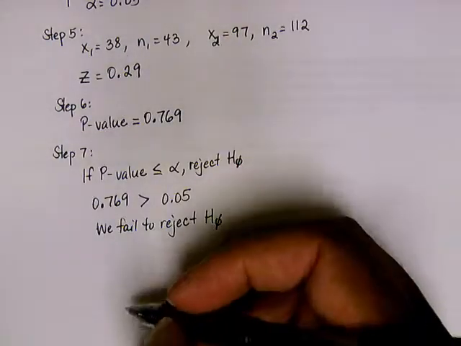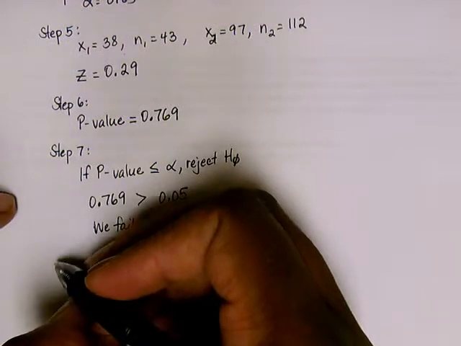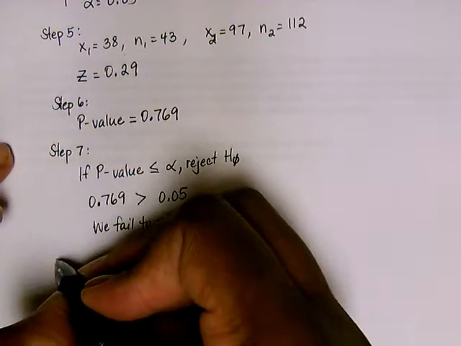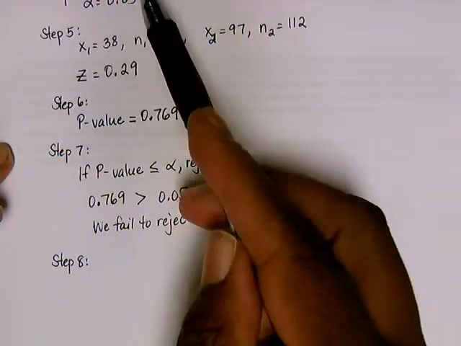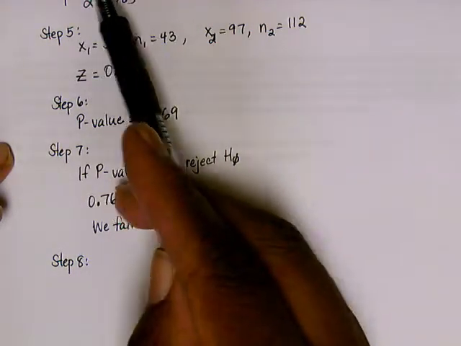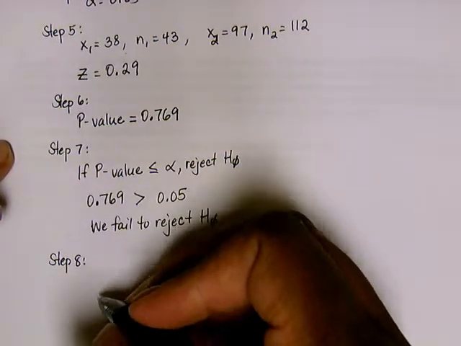And then step number 8 is writing the conclusion using simple non-technical terms. Here the claim was the alternative. We failed to reject the null, so we cannot support the claim.